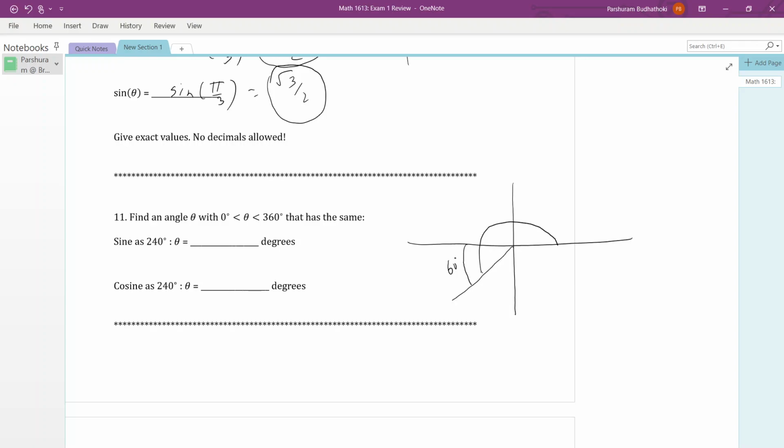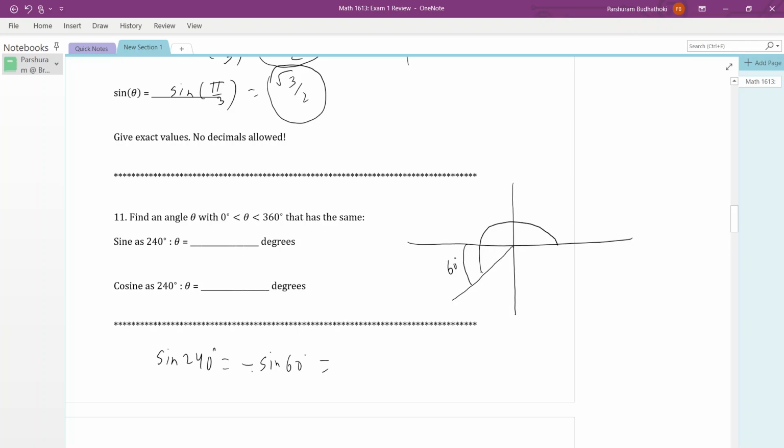So if you want to find another angle which has the same sine as 240, if we check here, sine 240 has the same value as negative sine 60, but we want to find the theta for which sine 240 and sine theta give you the same value.